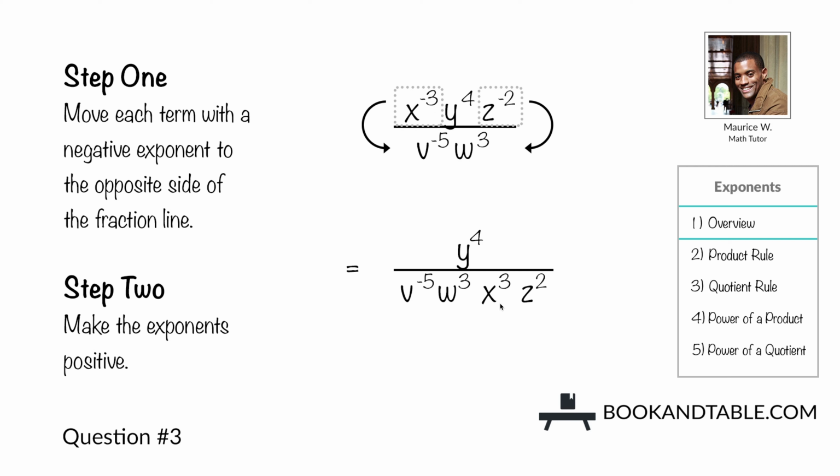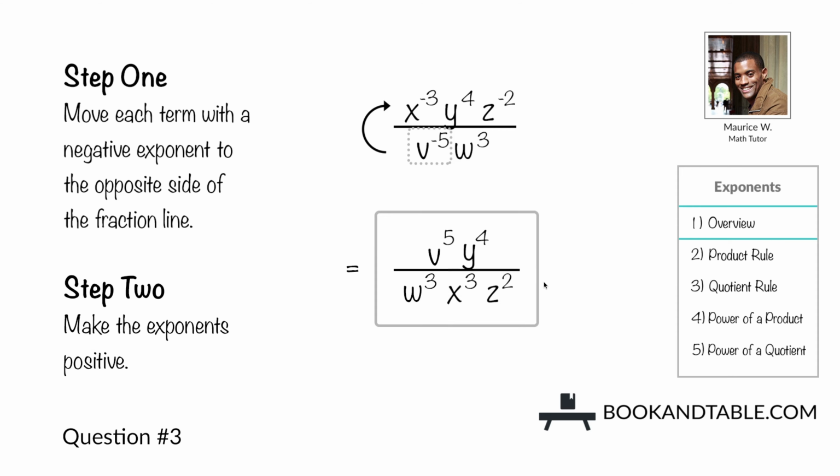So we move x and z to the opposite side of the fraction line and make those exponents positive. And then in the denominator we have v with a negative exponent of negative 5. So we move that up to the numerator. And that gives us a final answer of v to the 5th times y to the 4th divided by w to a power of 3, x to a power of 3, z to a power of 2.